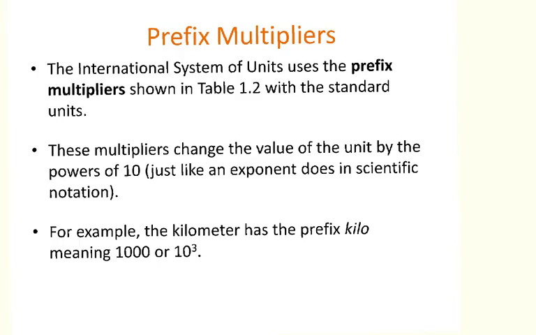So for example, kilo means 1,000 or 10 to the 3. So if you have 1.2 times 10 to the 3 grams, I expect you to see this and be able to rewrite it as 1.2 kilograms.